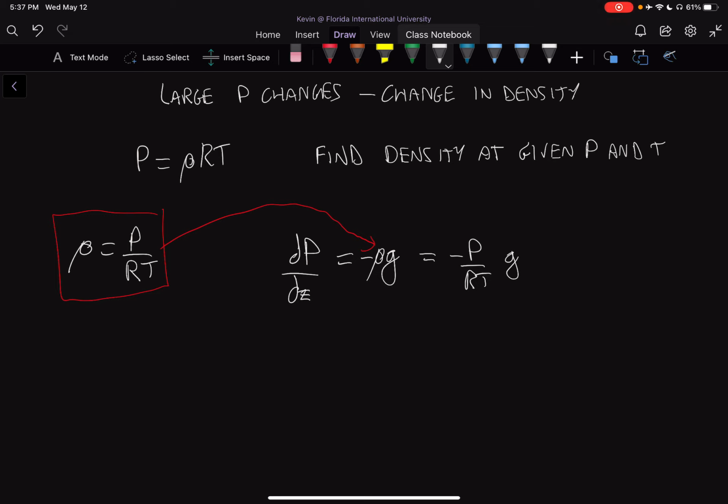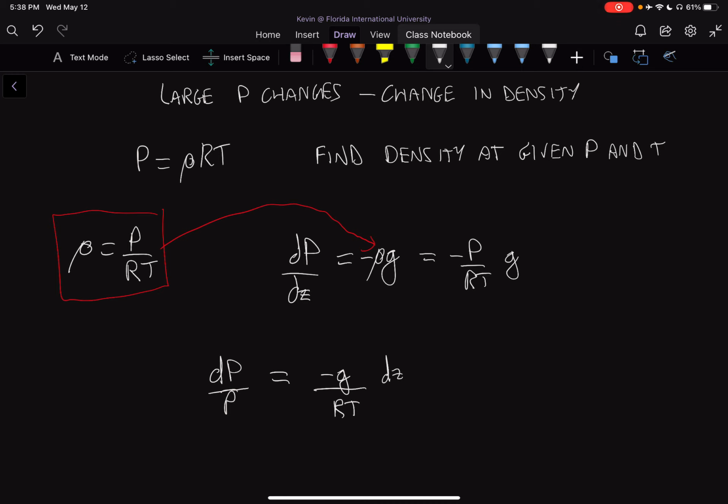What if we were now to rearrange it and integrate it? So what we can do is bring all the pressures on the left side. So we can say dP over P. So we're bringing the pressure term on the left side, and on the right, we're going to leave all the other terms. So we're going to have minus g over RT times dz.